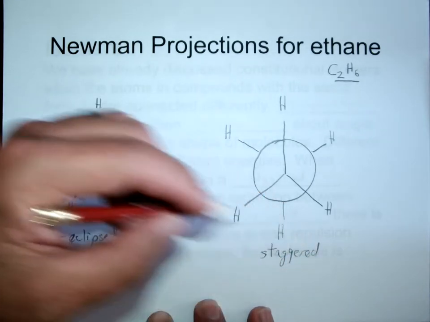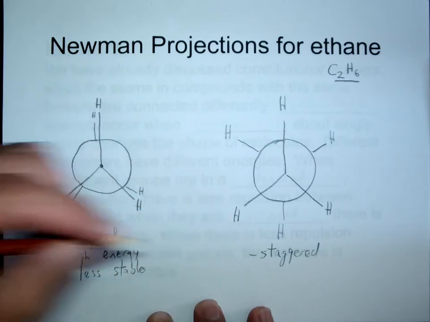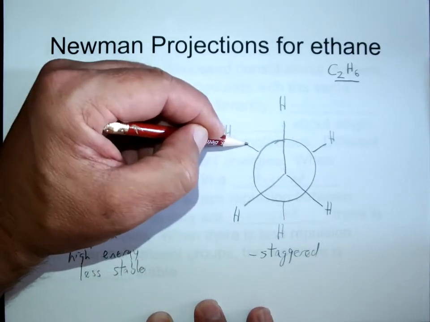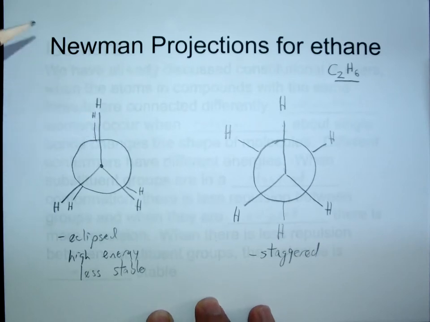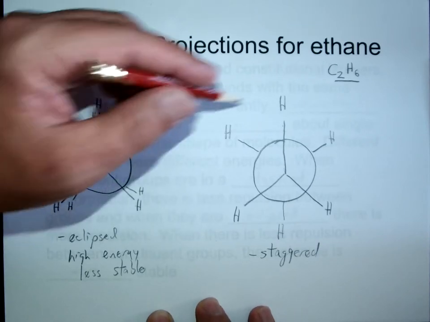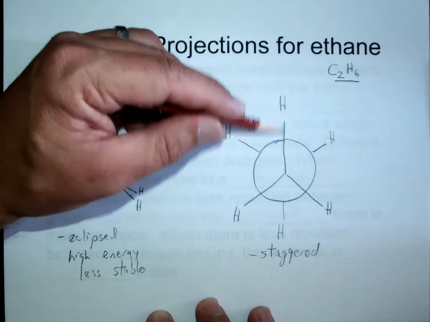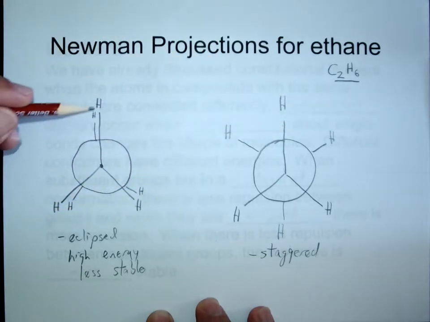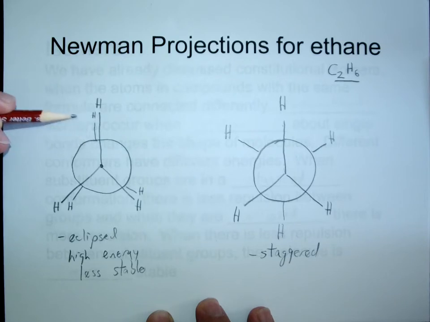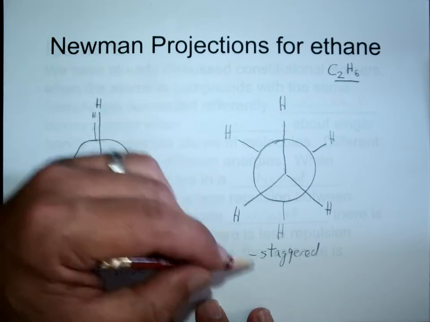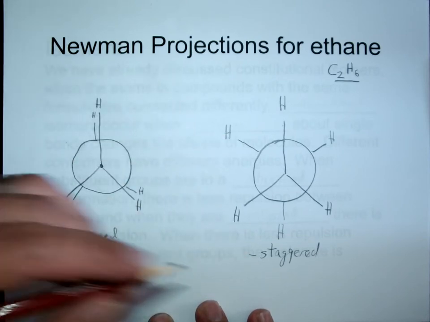And these are sort of the extreme cases where things are spaced as far apart as they can get, or when things are as close as they can get. You have all kinds of odd angles, anything between 0 degrees when things are perfectly eclipsed. Like here, you can rotate the back one 1 degree or 2 degrees or 3 degrees, etc. When you get to 60 degrees, that's when you have a perfectly staggered configuration.